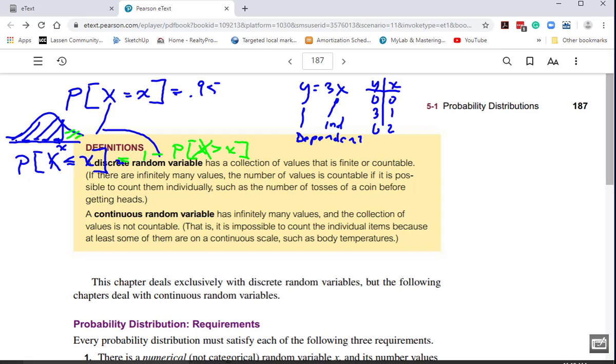You remember when we did it with events, that the probability of A not occurring is equal to 1 minus the probability of A occurring. And with any algebraic manipulation of that, if you bring this over, it's saying that the probability of A plus the probability of A not is 1.